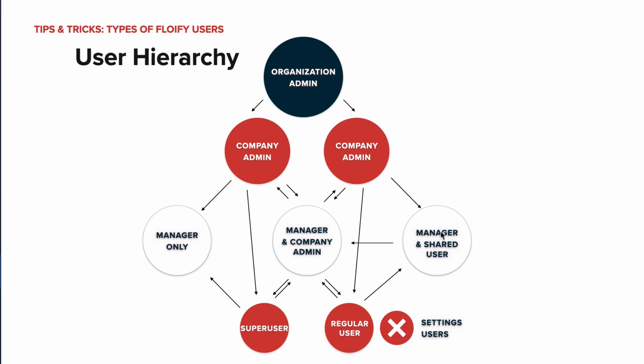So that would be, let's say, a branch manager. The branch manager has their own specific pipeline, but they also need to see everybody else's pipeline within that branch as well. So they'll log into their account, have access to their pipeline, but then they'll also be able to toggle back and forth between the different manager accounts.